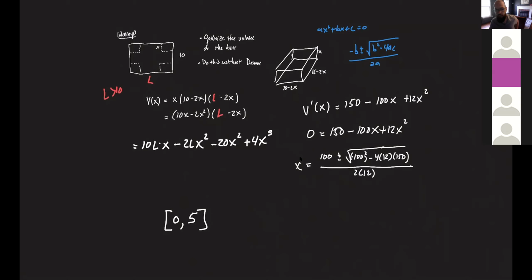Okay, so as we're thinking through, is this where everybody ended up? Yeah, all right, excellent. So continuing to go here, we'll factor this, right? So we get 10Lx, and then we'll get minus (2L plus 20)x squared plus 4x cubed, right?